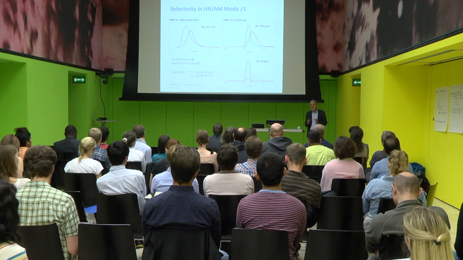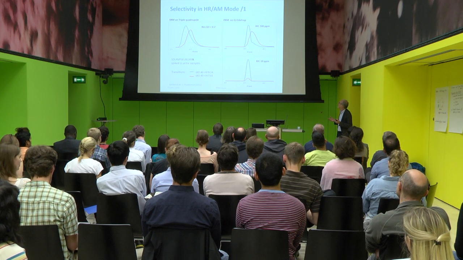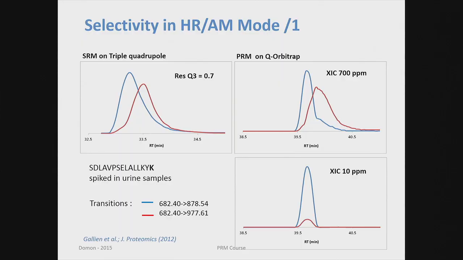Now, if I use a broader window, and this is just as a model, I can open it to, let's say, half a Dalton or nearly a Dalton, let's say 700 ppm, which more or less mimics the window or the resolution of the third quadrupole of the triple quadrupole instrument, where I extract my fragment ions.